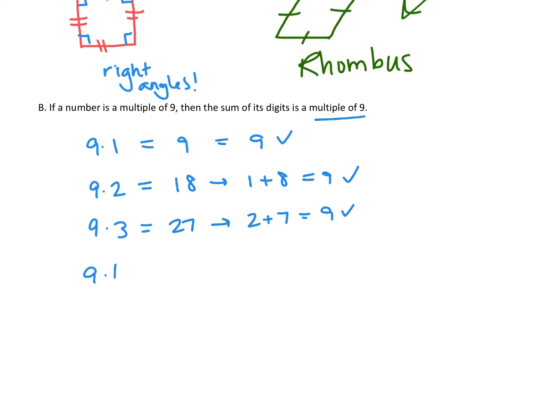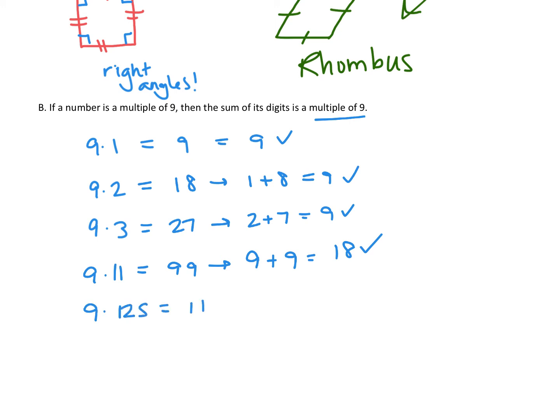Let's try 9 times 11. 9 times 11 is 99. Let's add those digits together to see if the sum is a multiple of 9. Is 18 a multiple of 9? It is. All right, well, let's try something even bigger. We have 9 times 125, just picked a random number.